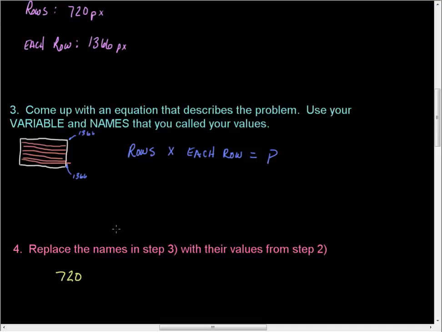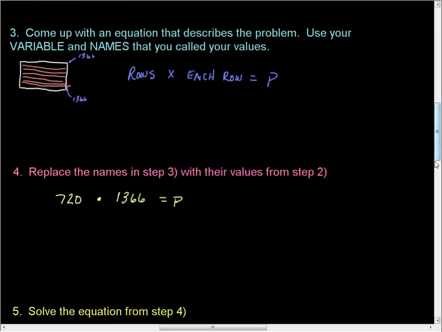I'm going to change my times to a dot. Instead of each row, I put 1366, and that equals p, the number of pixels. Okay, so now step 4, that's all. It's just making the equation.